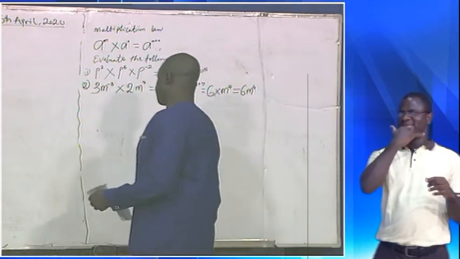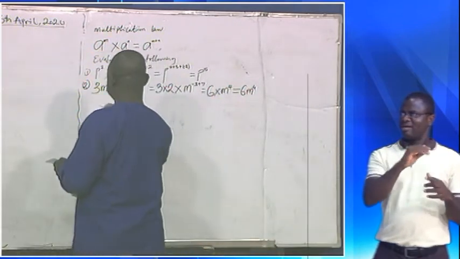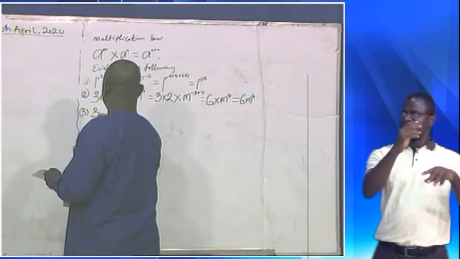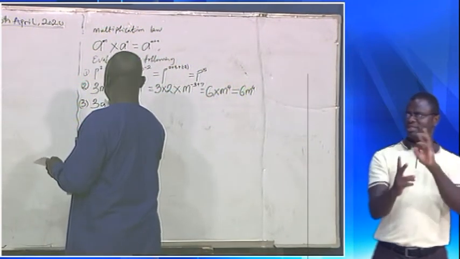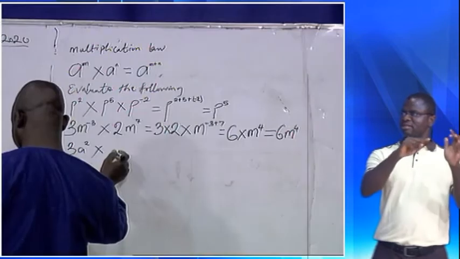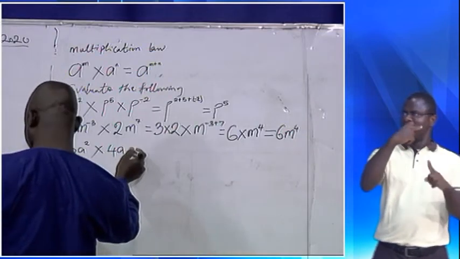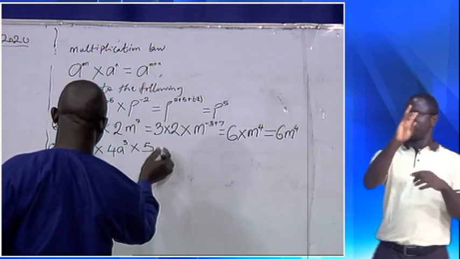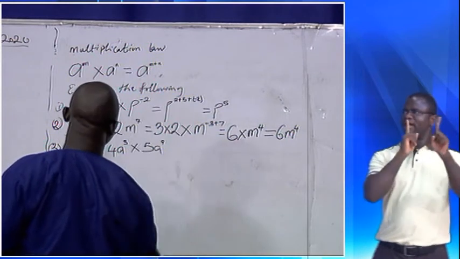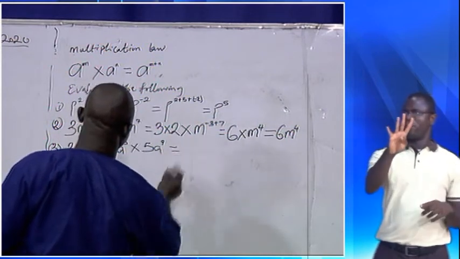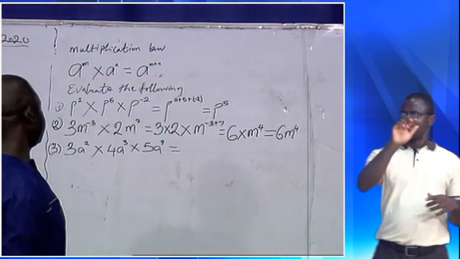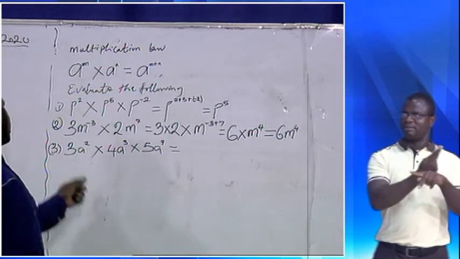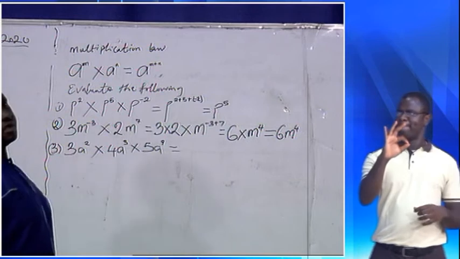So if we proceed to the next one, which says a raised to power of 2 multiplied by 4a raised to power of 3 multiplied by 5a raised to power of 9. In this particular example, as seen in example 2, the first thing is to multiply the coefficients before the variables.